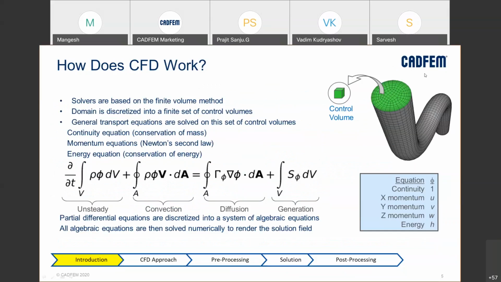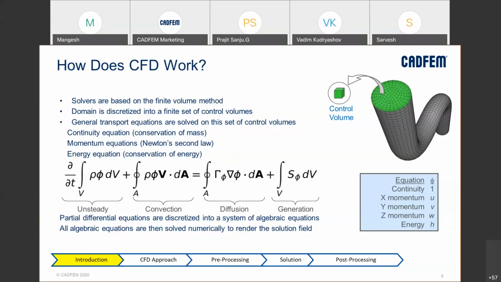Happening in the background, within CFD, the actual domain of interest, let's say in this case, you see a pipe, is being discretized into small control volumes, and the equations, the ones which I mentioned previously, like the conservation of mass, momentum, and energy, or depending on the kind of physics you are applying, the equations might add up.